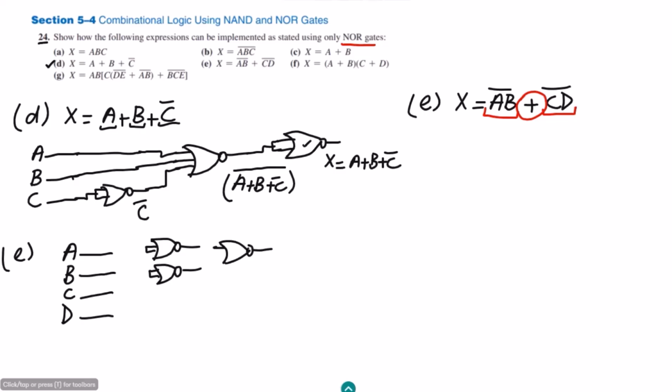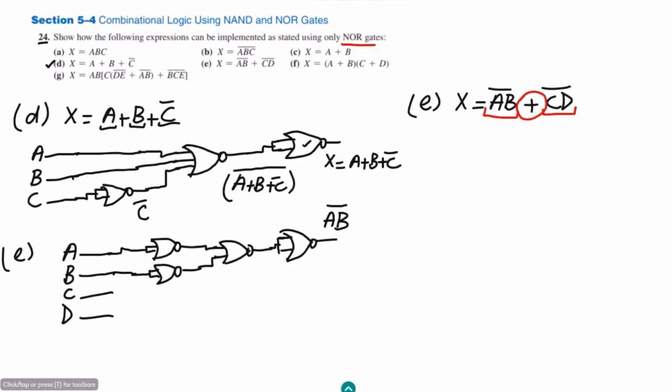The 2 inputs here, let me apply it here, and the output of it will be the AND gate. In order to invert the output of it, we have to apply it to another NOR gate as well. At the output of it, if the 2 inputs are applied here, we will get AB whole complement.